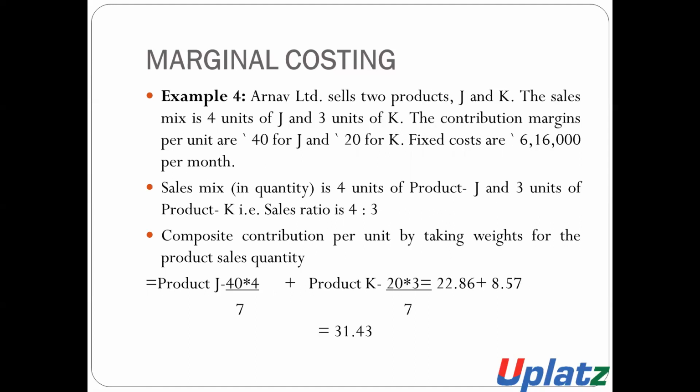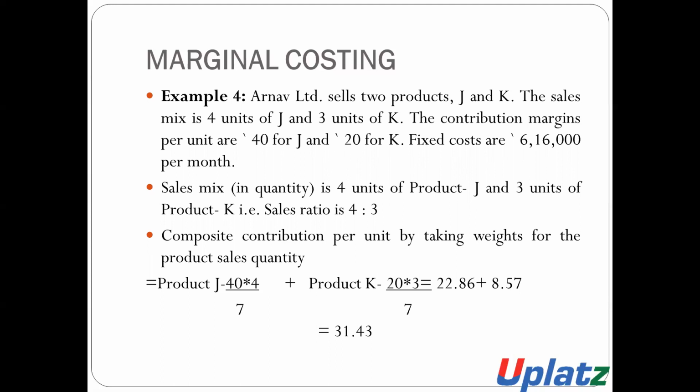INF Limited produces two products and sells J and K. The sales mix is 4 units of J and 3 units of K, so the ratio is 4 to 3.